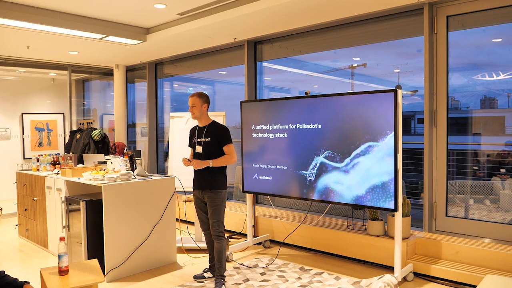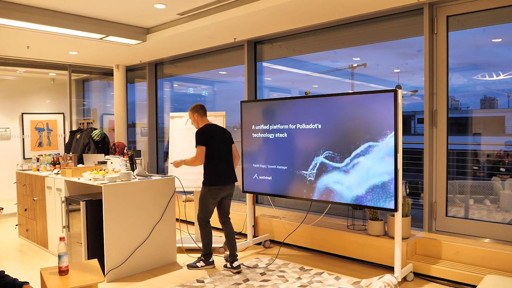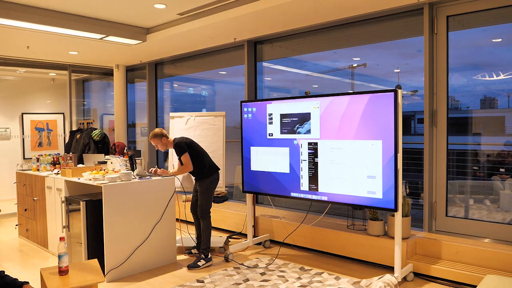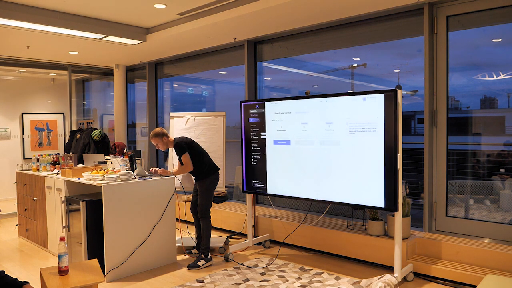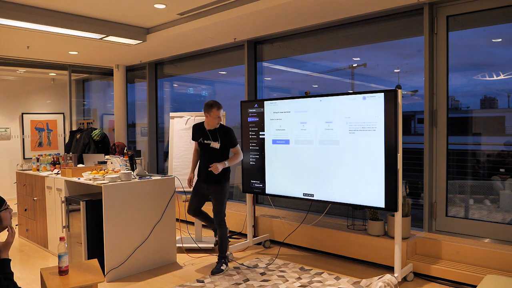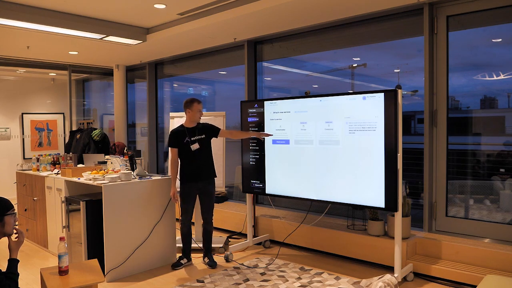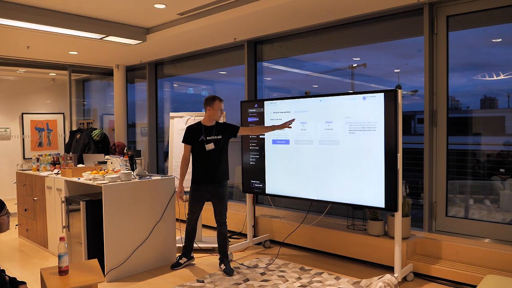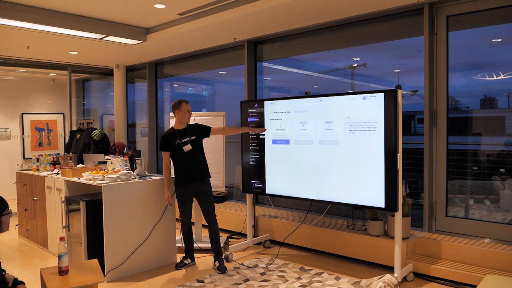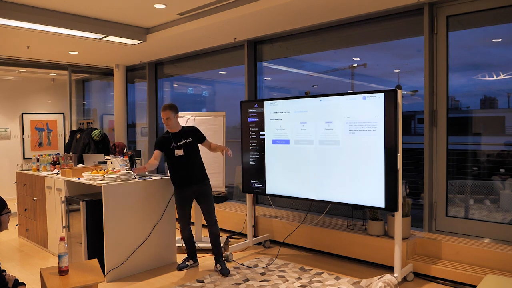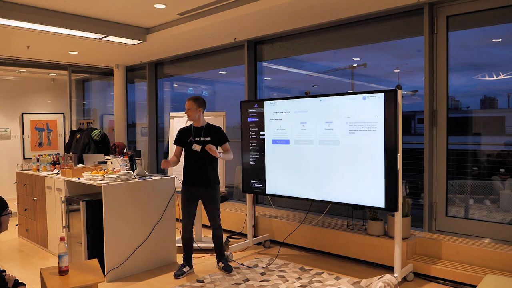Anyone else? Okay, I'm going to give you a sneak peek. This is the platform. Here you're going to have services like Crust storage, authentication, Kilt, and Astar at some point, hopefully.